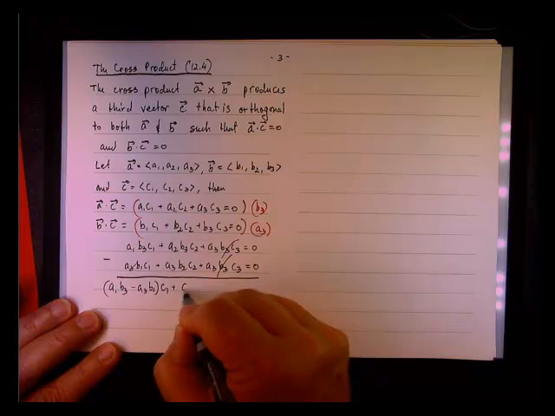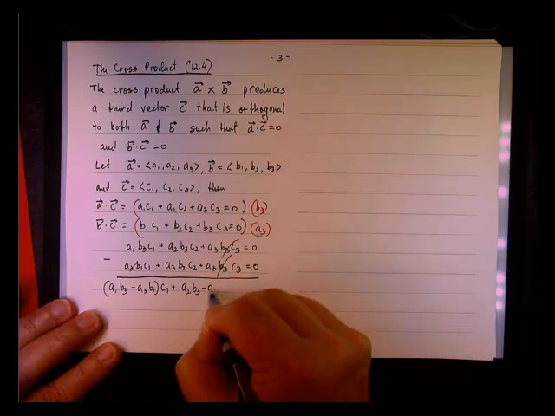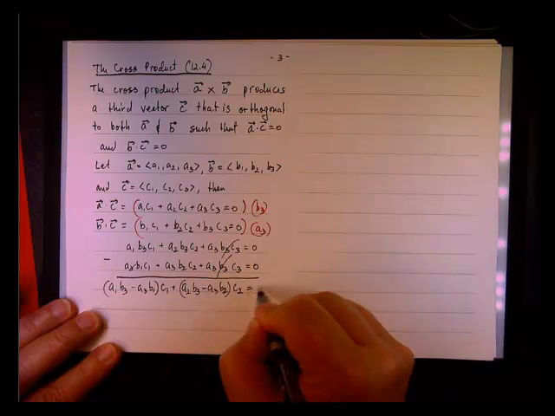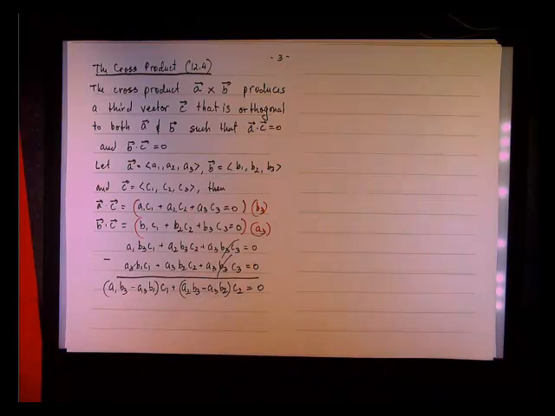So it will be A1 B3 minus A3 B1, C1, plus A2 B3 minus A3 B2, C2 equals 0. Okay?